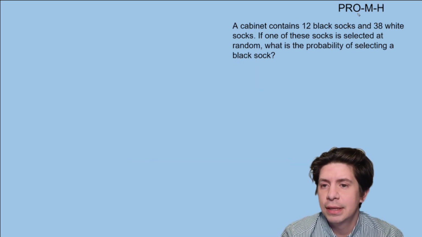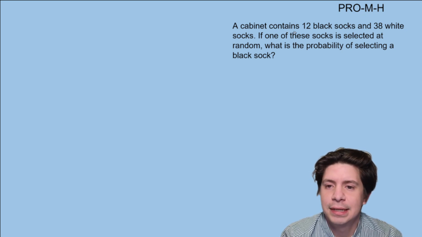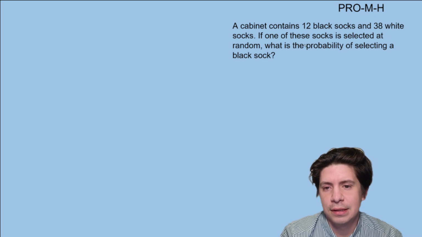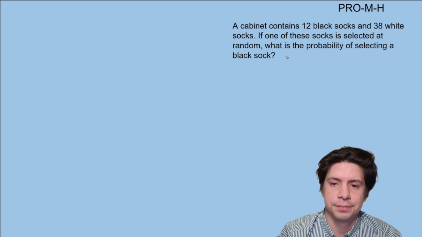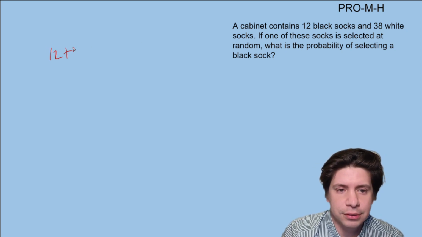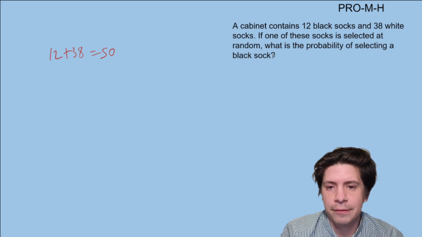And on this, I think, is our second to last medium level question. A cabinet contains 12 black socks and 38 white socks. If one of these socks is selected at random, what is the probability of selecting a black sock? So again, not too bad of a question at all. So the total is going to be 12 plus 38. That gives us 50. And we're looking for black socks.